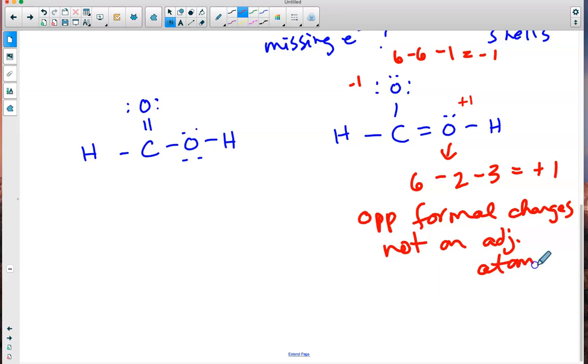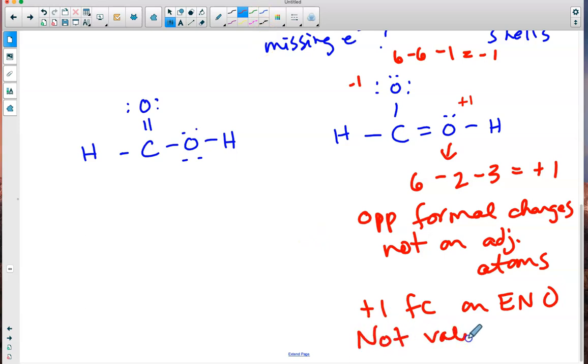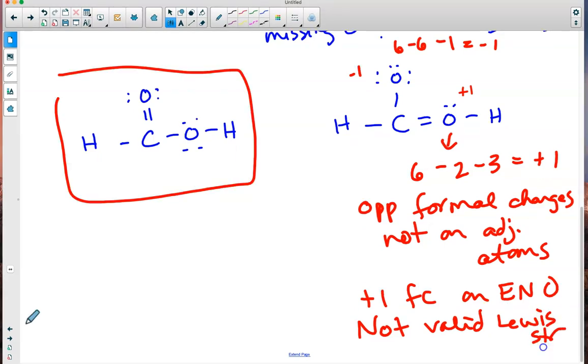And so that's one bad thing, but also we have a +1 formal charge on the very electronegative oxygen. So both of those things make this a bad structure. So this is not a valid Lewis structure.